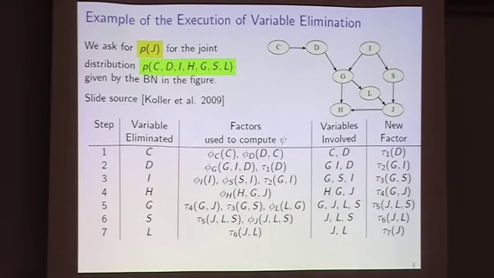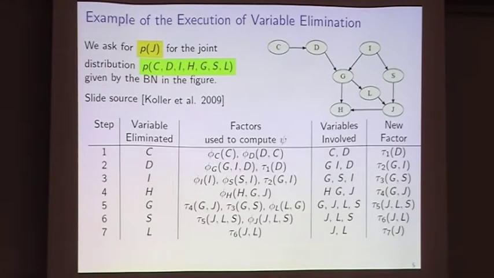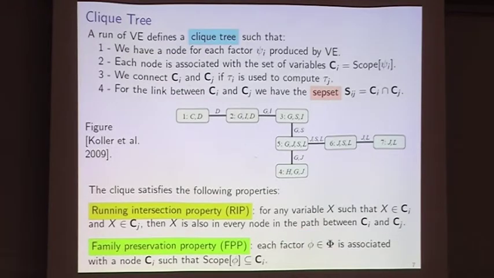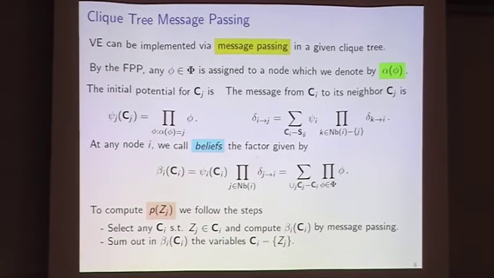In this case, this is the first node, so there are no incoming messages to that node. And it creates a new factor tau1, which is a message that is passed to the second node. The second node multiplies that message by the factor phi associated with that node and creates a new message, and so on. So the whole idea is that variable elimination can be interpreted as message passing in the click tree.